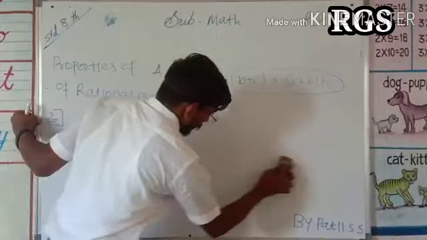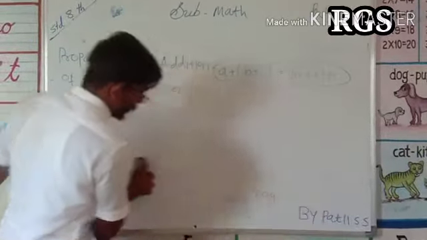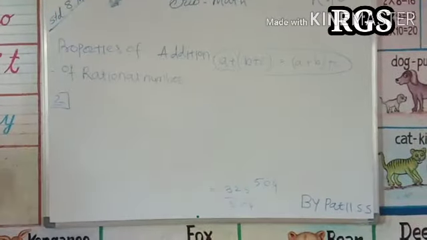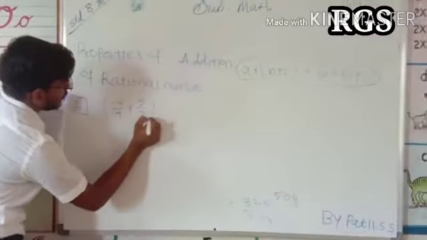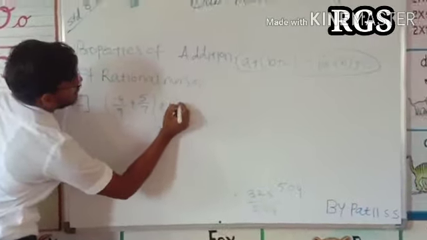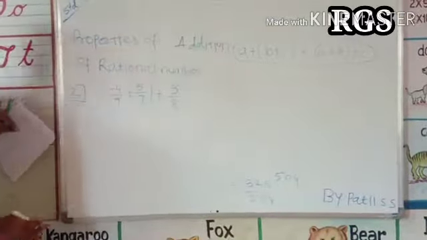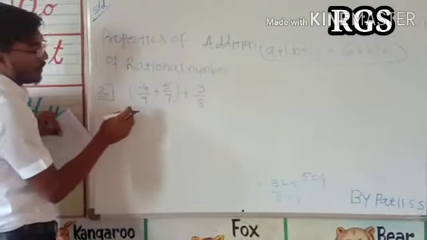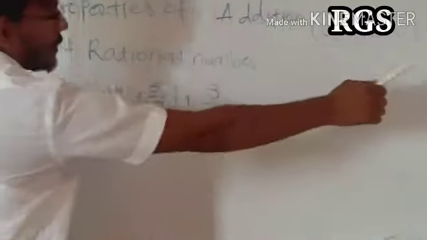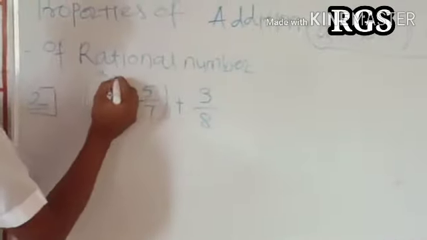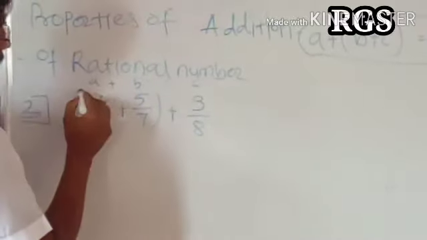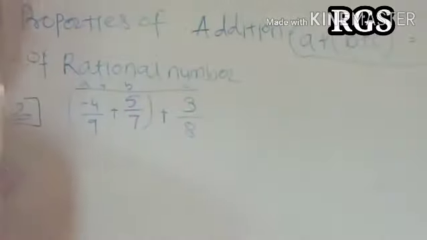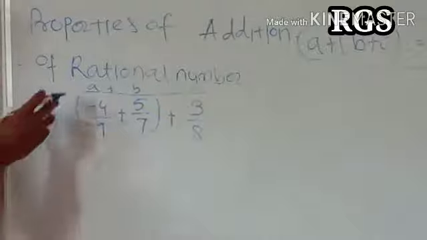If it is the same, then it shows that... 5 upon 7 plus 3 upon 8. Now see here, we write the previous example in this fashion, that is in bracket a plus b bracket close plus c.